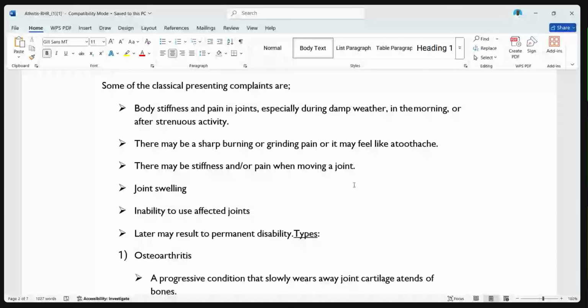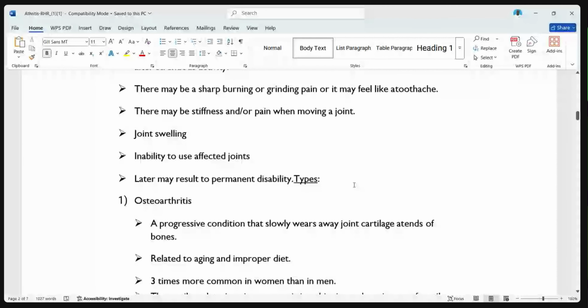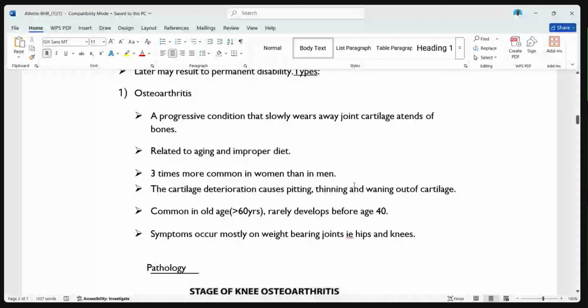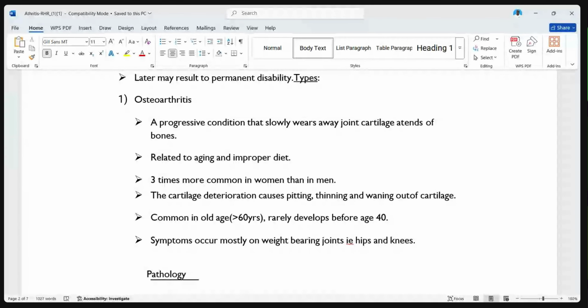And so we are starting with the very first type of arthritis, known as osteoarthritis. Osteoarthritis, as we know, is the disease of osteo, which means bones. Of course, arthritis. So this is a degenerative joint disease where the primary mechanism involves wear and tear of the articular cartilage.